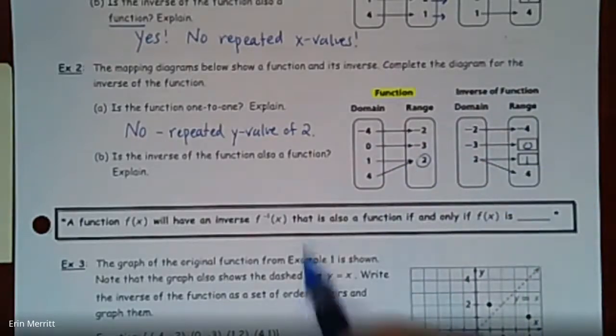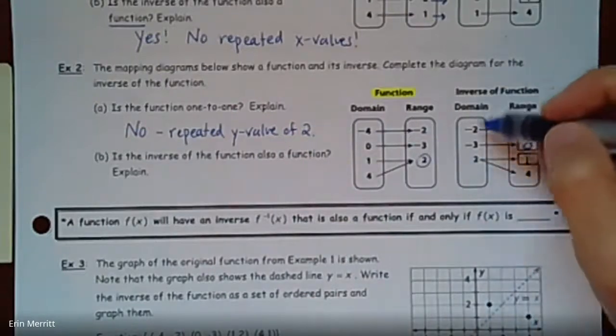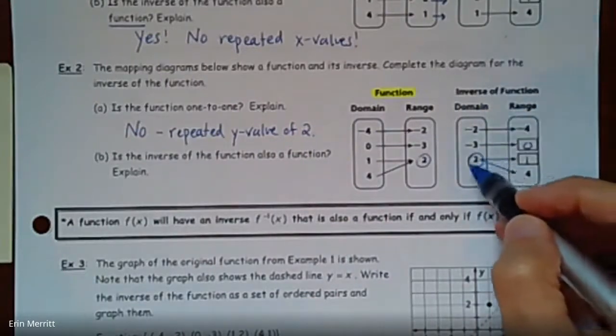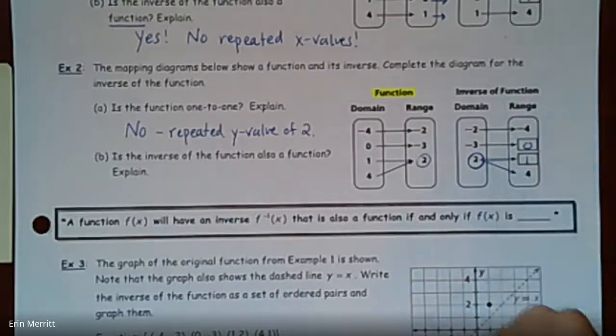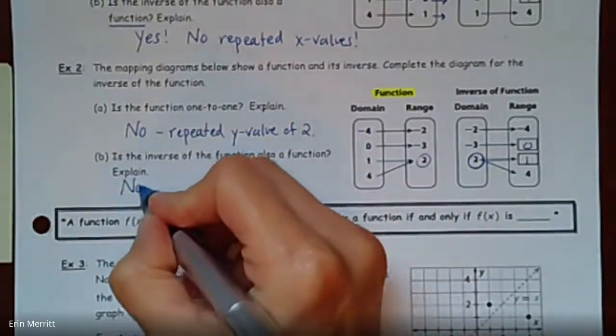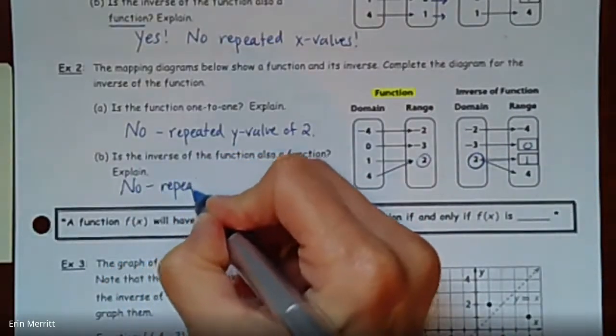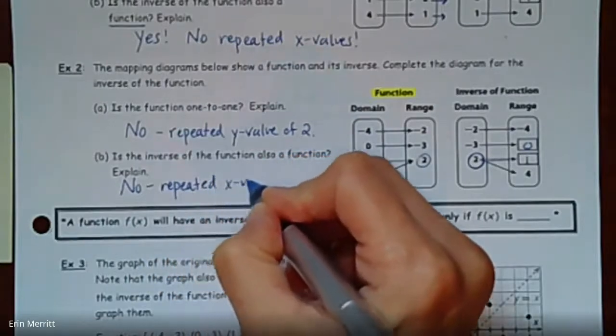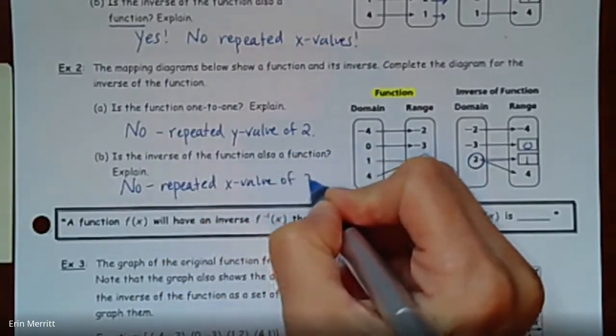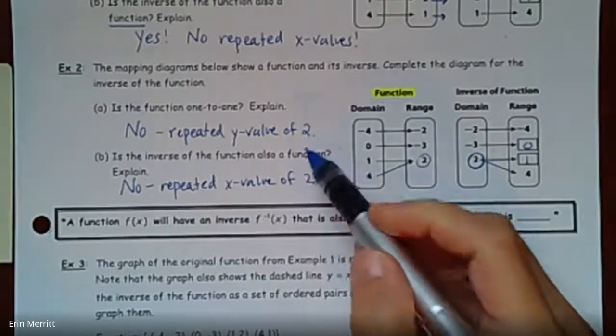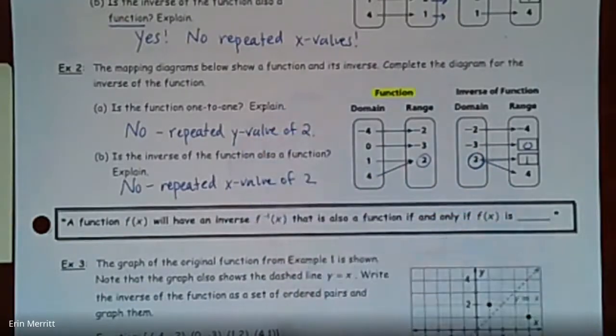So now it's asking you, is the inverse a function? Well, no, because I have this x value of 2 now mapping to 2 different numbers. So the answer is no, because you have a repeated x value of 2, which should make sense because the y's here became the x's here.